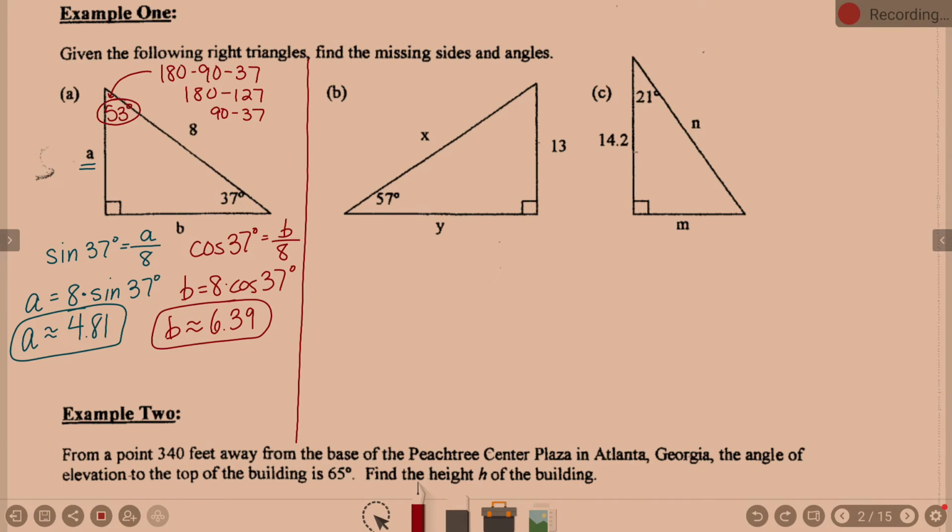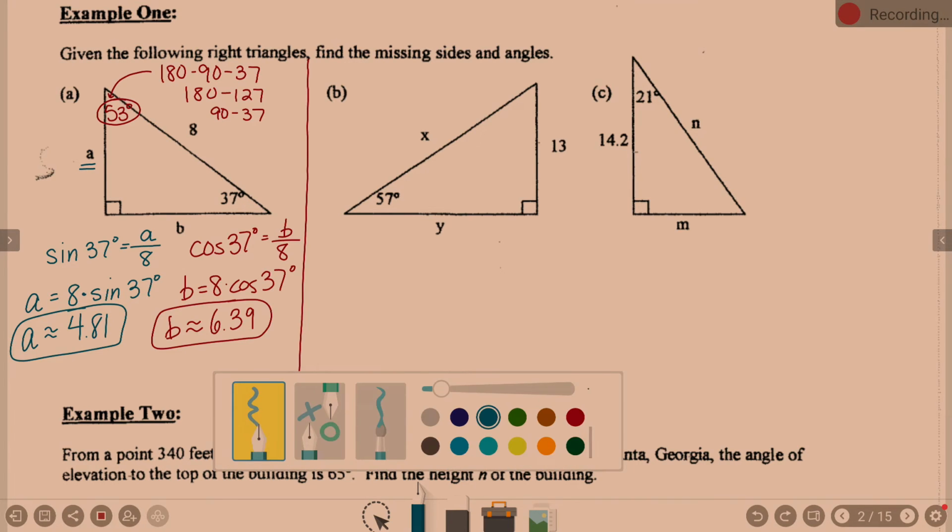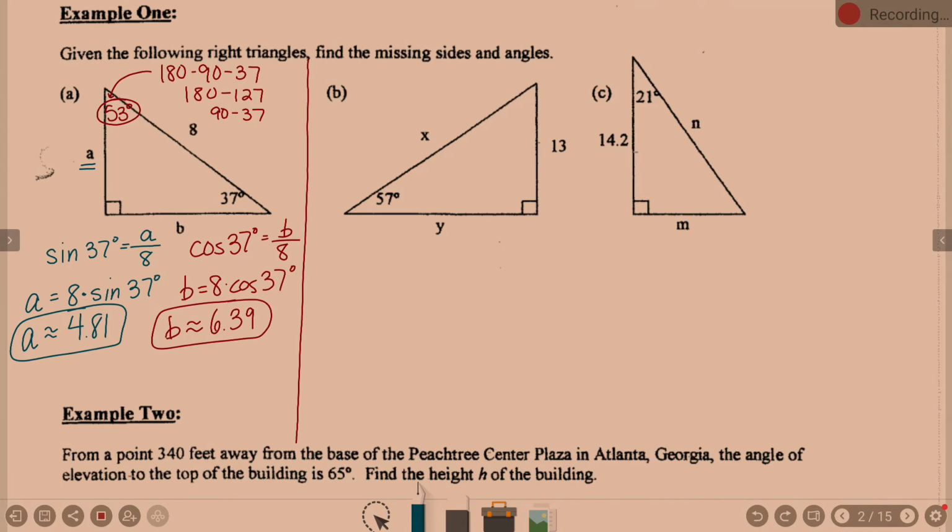Okay. Some of you guys are working ahead of me. I'll catch up here in a moment. Let's try B. 33. Yes, what is 33? The missing angle that we don't know is 33. And how do I know that missing angle is 33? Remind me. 57 plus 33.